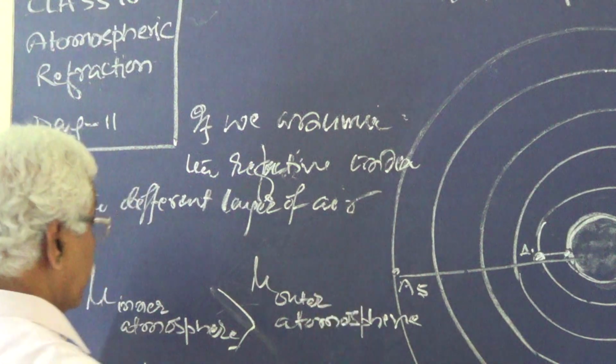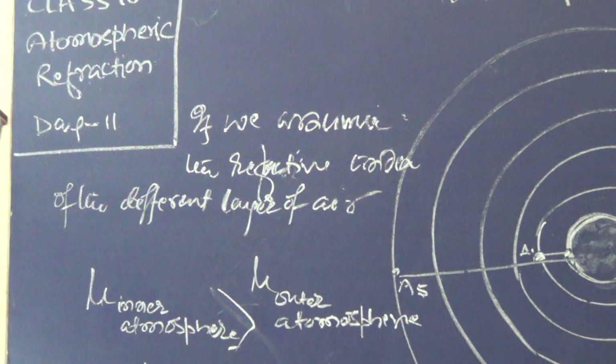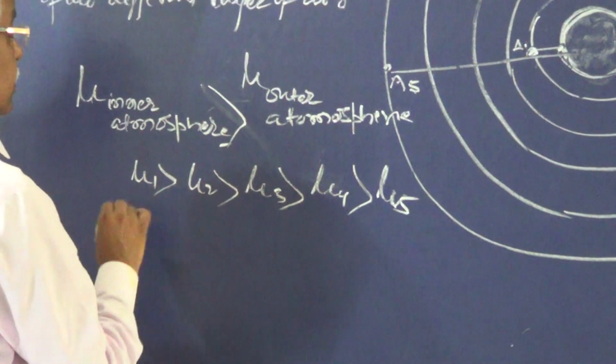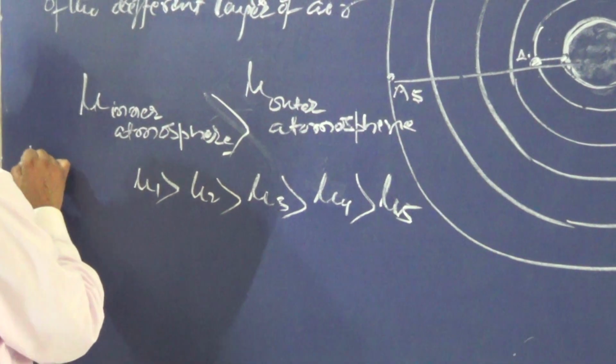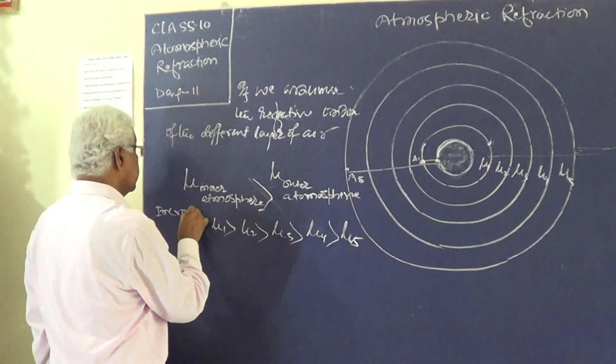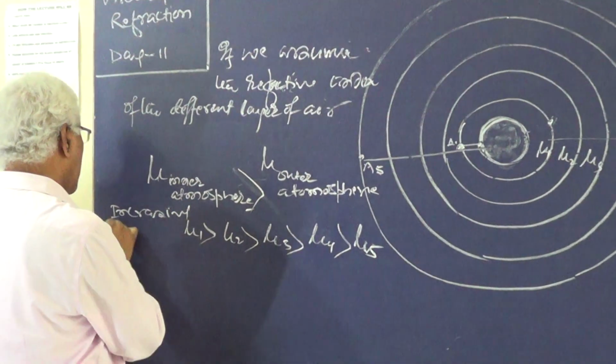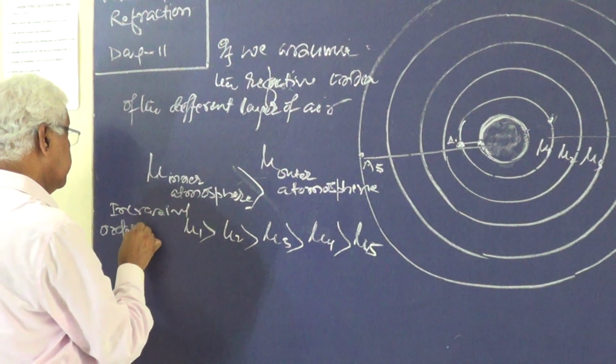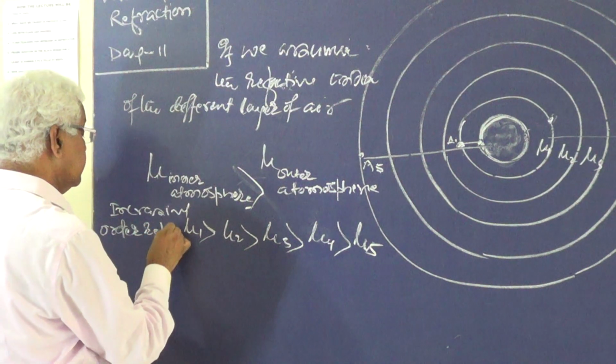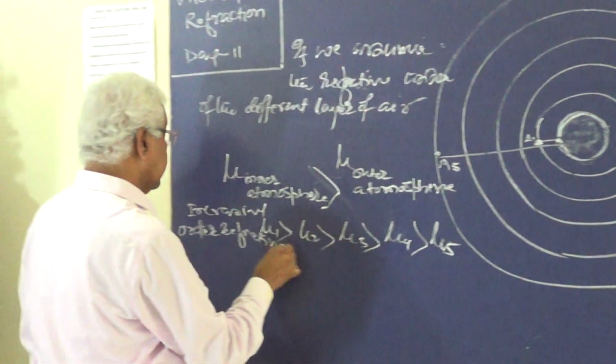Okay? So mu1 has got highest tendency, increasing order of refractive index.